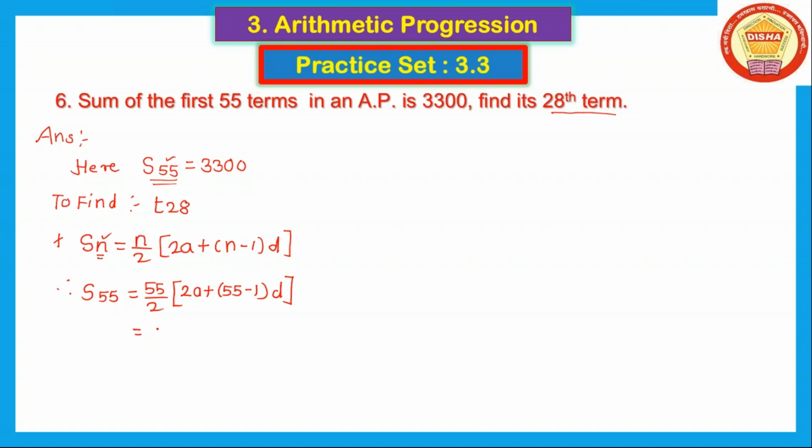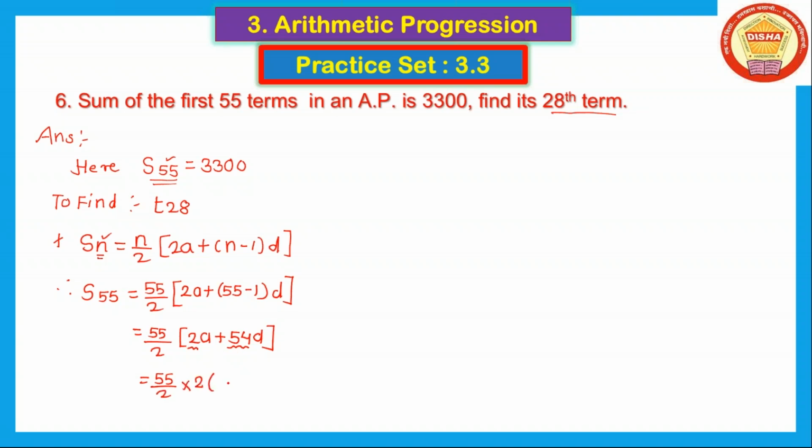Then we solve this one, that is we write here 55 upon 2 as it is in bracket 2a plus 54d bracket complete. See in the bracket, this 54 and 2 are the multiples of 2. So in next step, we take the 2 as a common from that bracket.